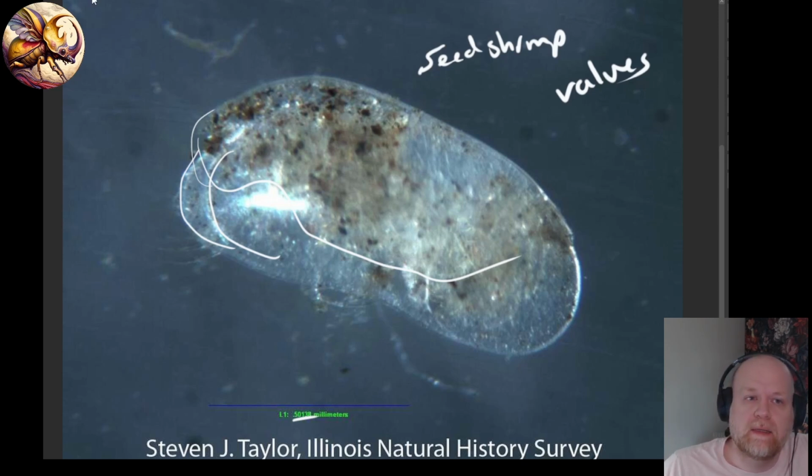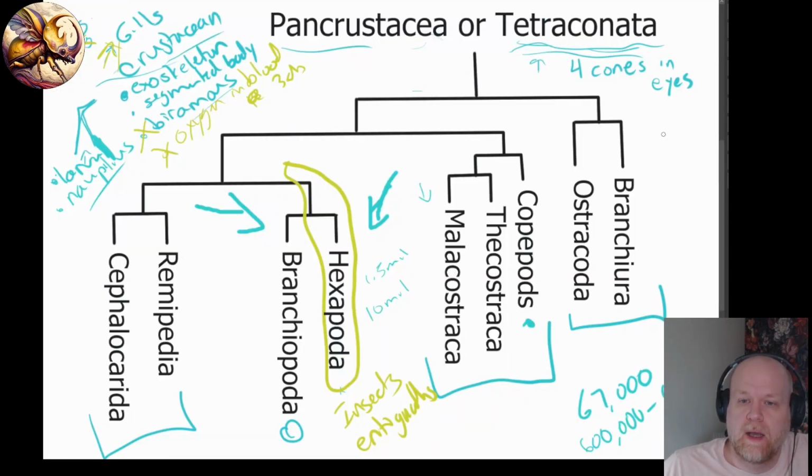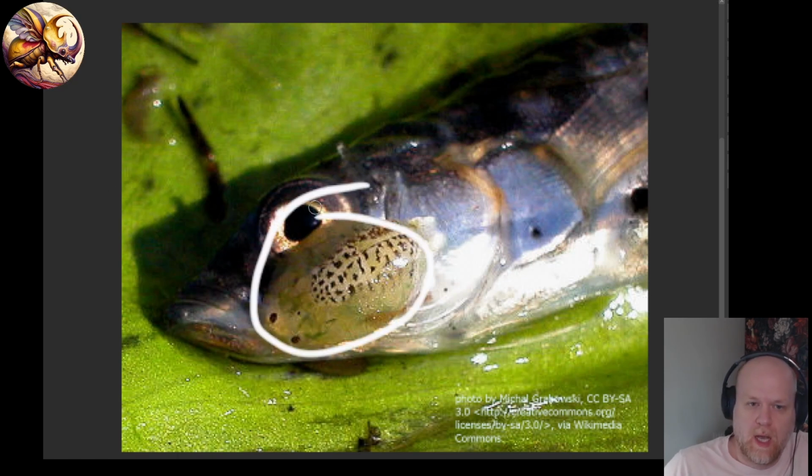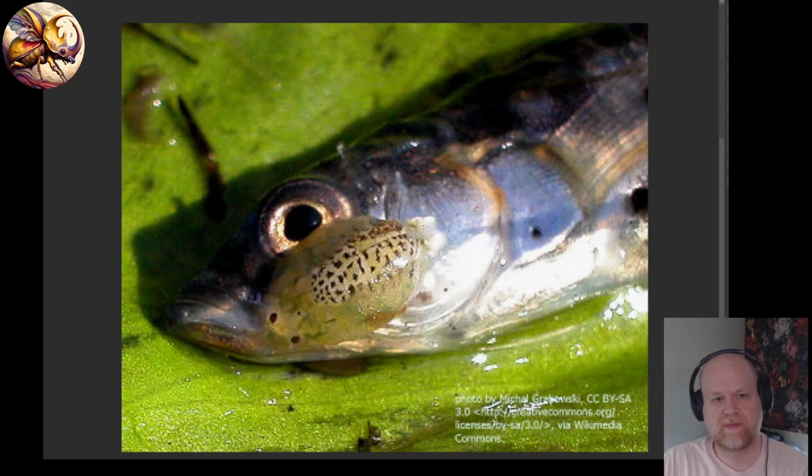And then finally, we have the Branchiura, which is a very small group. It's just one family, the Argulidae, and these are the carp lice. This is a group of entirely parasitic crustaceans. This is the carp louse on the side of this fish. They are parasitic on fish.